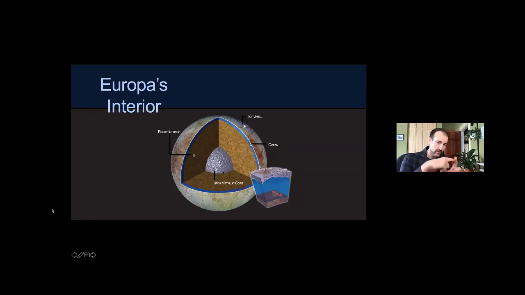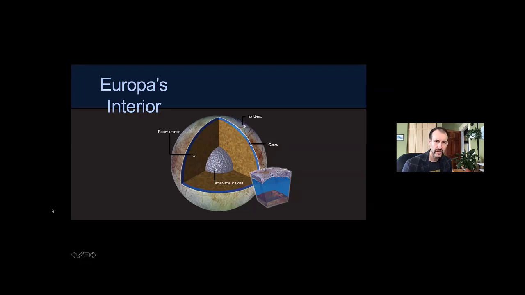There's only a narrow window of possible solutions to the gravity data that allow Europa to not have an iron core. So this information doesn't tell us directly that there's an ocean, nor does it tell us at all whether there's currently hydrothermal activity as depicted in this picture.